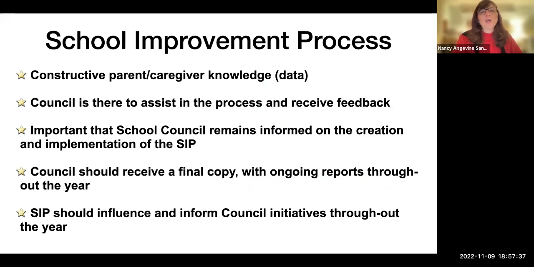Okay, so what is important in all four of these pathways?